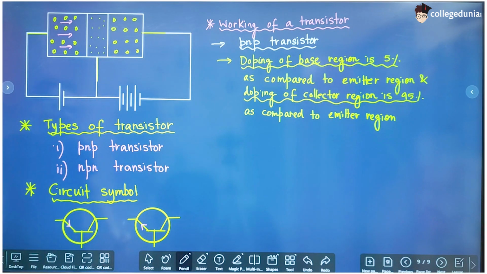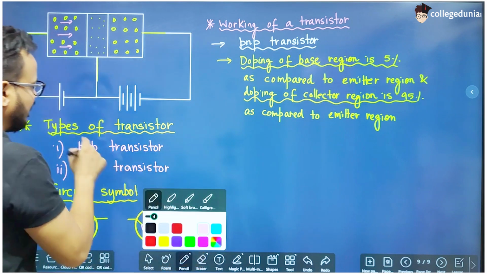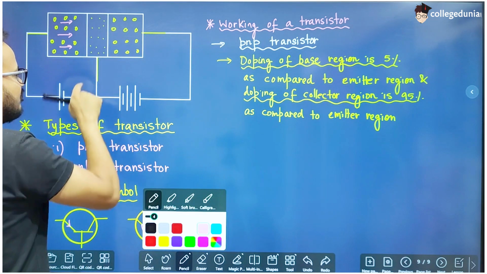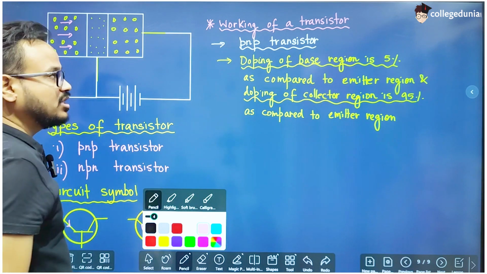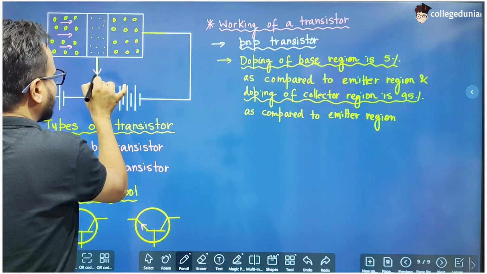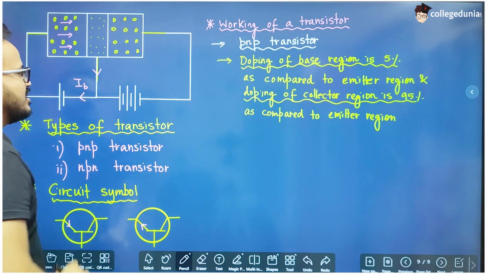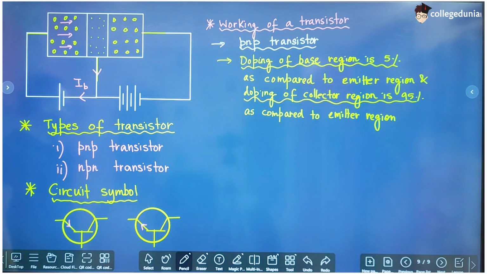So it becomes positively charged. So the negative terminal of the battery will start giving this positive region 5 electrons, due to which a current will start in this region, and that current is called the base current, which is denoted by IB, right?